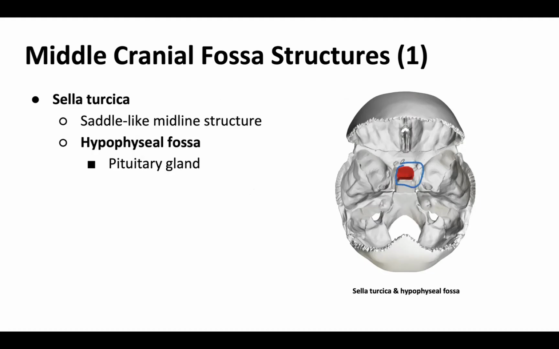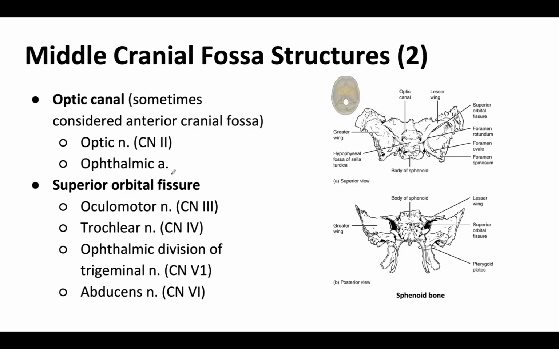And sella turcica literally translates to Turkish saddle. And the seat of this saddle is a depression called the hypophyseal fossa, right in that region, which contains the pituitary gland. So the pituitary gland sits in there. Another name for the pituitary gland is the hypophysis. So that is where this name comes from.